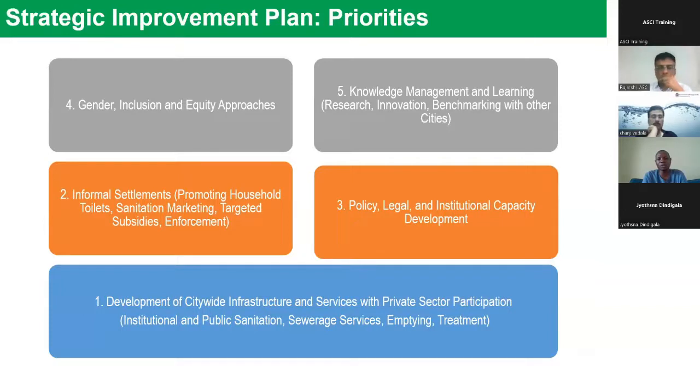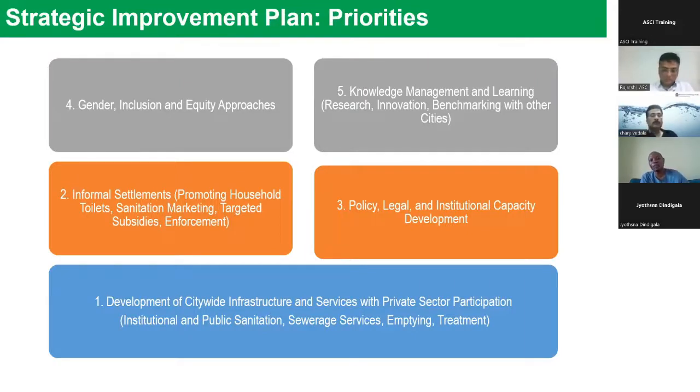This was a priority for us, a mix of both sewerage and on-site systems. The challenge was emptying, so we wanted to focus on that and also make sure we expand sewerage services. Most critically, the private sector was identified as a key player. Informal settlements, number two, were the biggest backlogs, so we also needed to look at that.